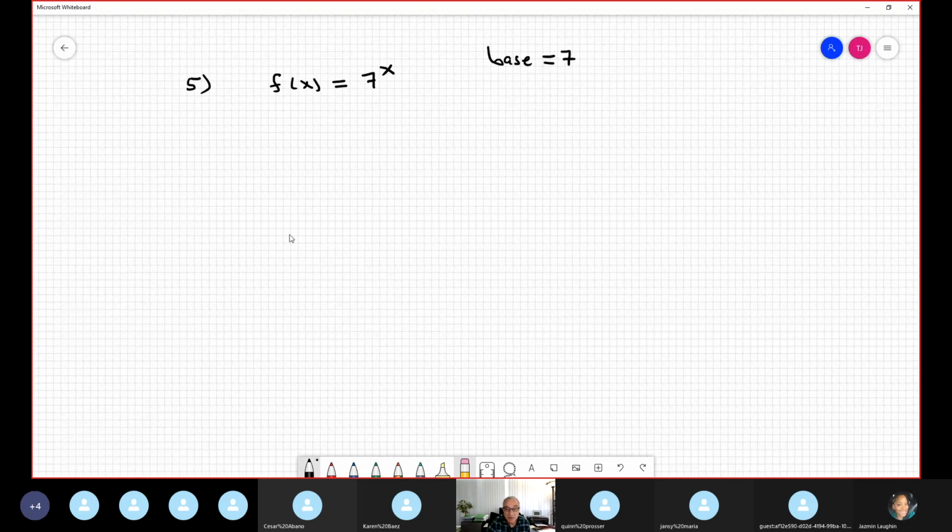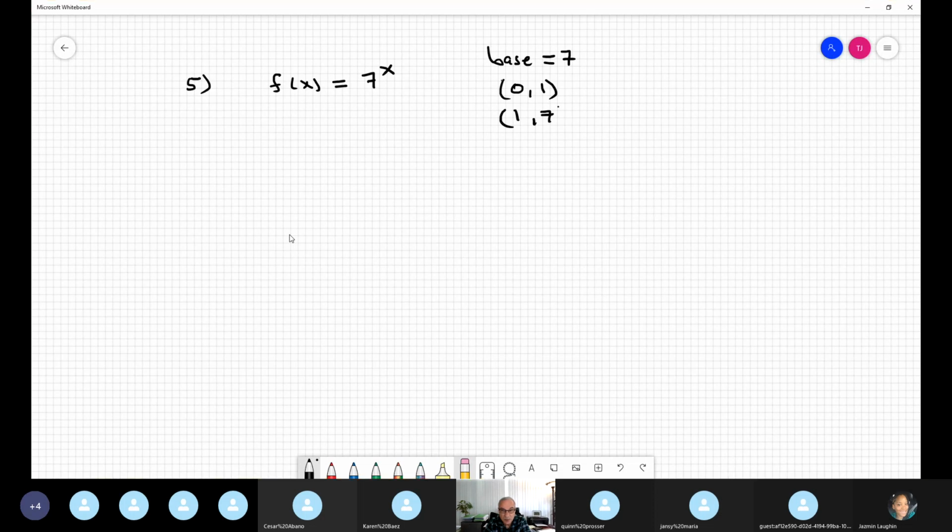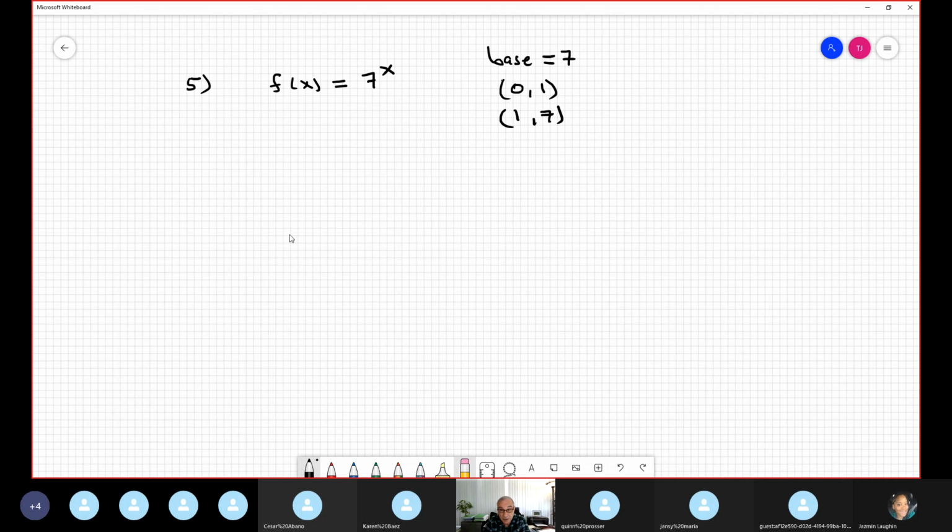And when the base is 7, I know that it's exponential growth, so the exponential is increasing. The typical point I can plot is the universal point, the point 0,1, and another point that is 1,7, because when you put 1 here, 7 to the 1 power is, of course, 7. And at -1 is the reciprocal, 1 over 7. Okay, these are the typical points.